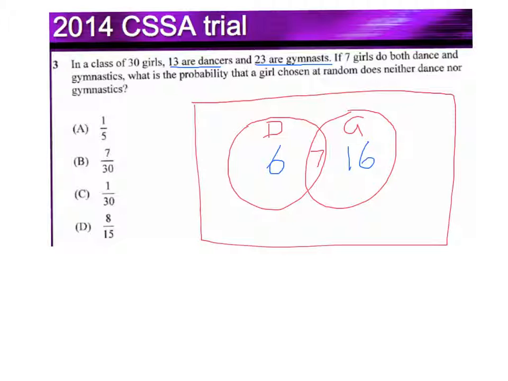So there's 16 gymnasts only. Now let's add together 6 plus 7 plus 16, and that adds up to 29, but we know there's 30 girls in the class, which means there's 1 girl outside that does neither. So the probability that a girl chosen at random does neither is going to be 1 out of 30. So there's our answer there.